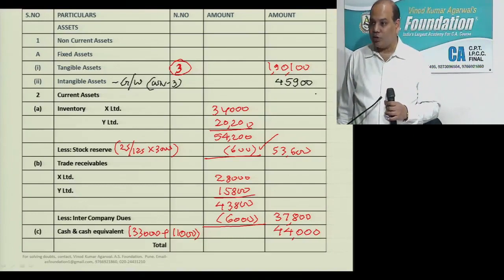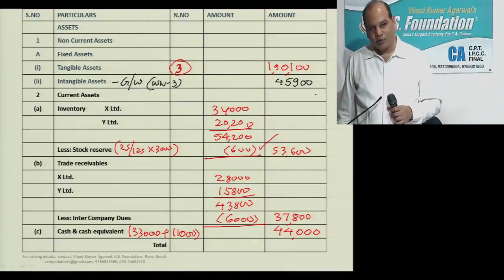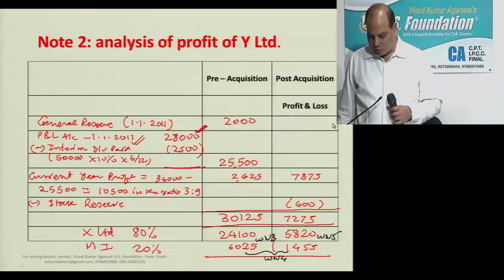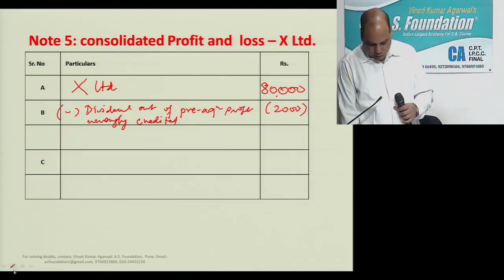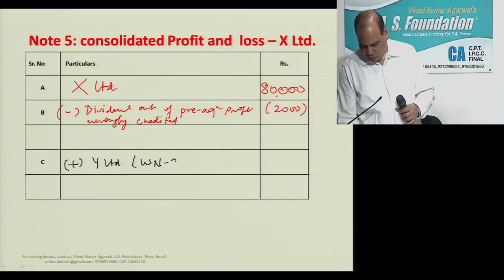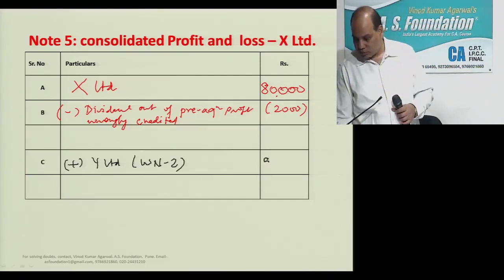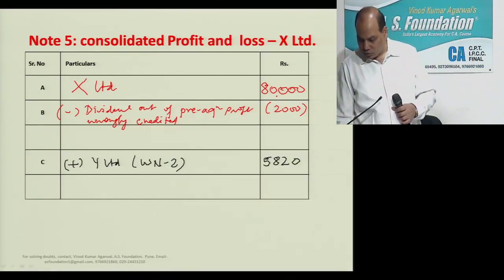Then you come to working note 5. First you will go to 3, then 5, then 4. So working note 5, you write down there, add Y Limited, in bracket working note 2, amount 5,820.